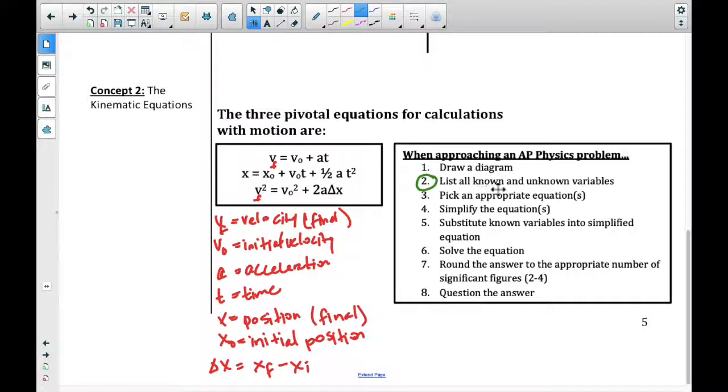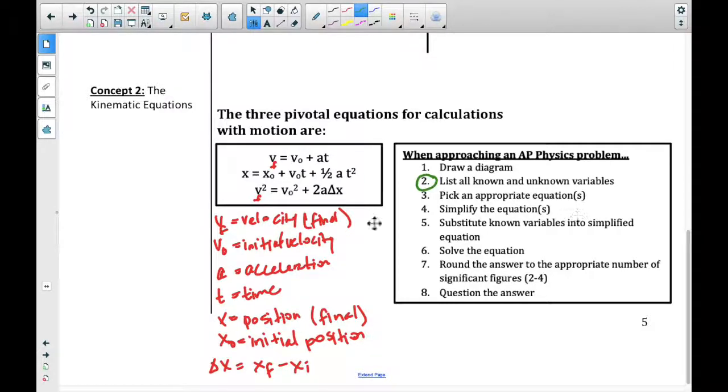This is really important, because these problems will have a lot of variables and you will really have a hard time figuring out where to go unless you list them out in an organized way. And then number 3 goes with that. Pick an appropriate equation, because if you don't know what variables you have, you're not going to know what equation to use.